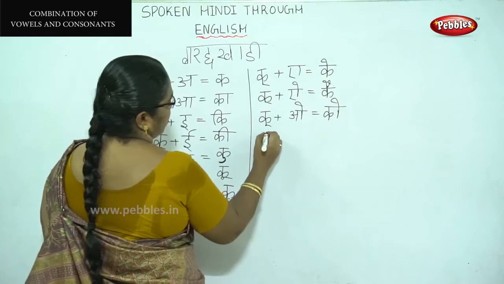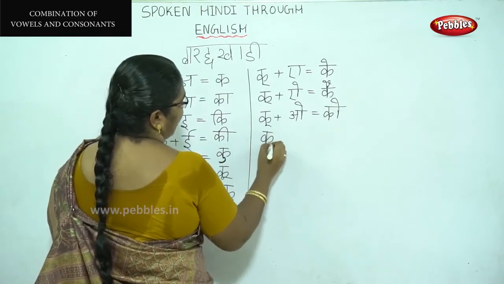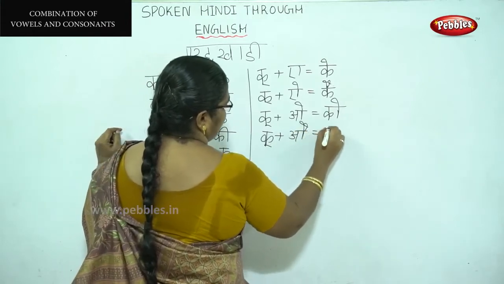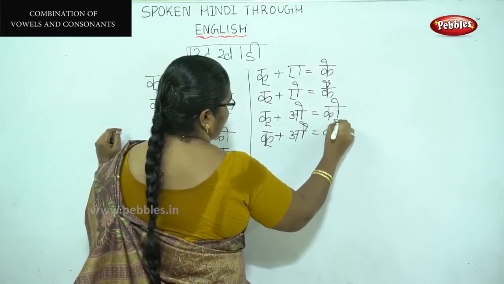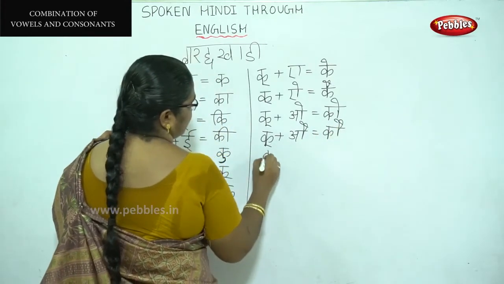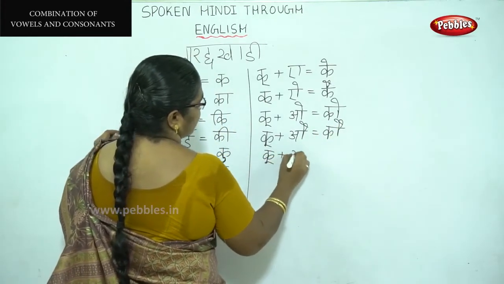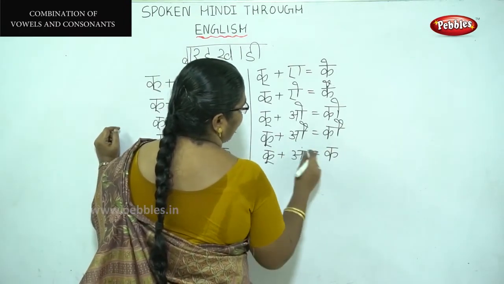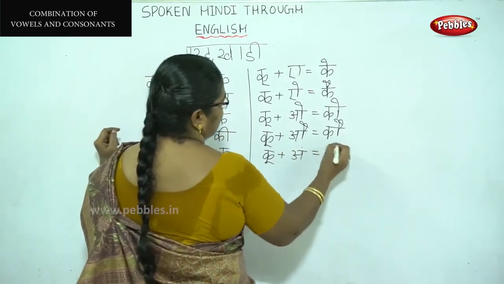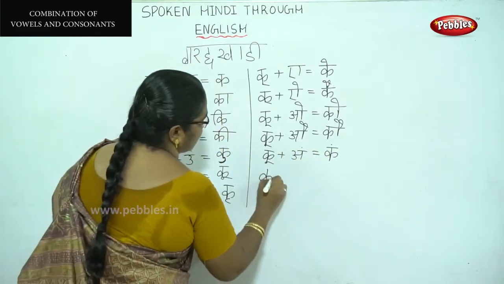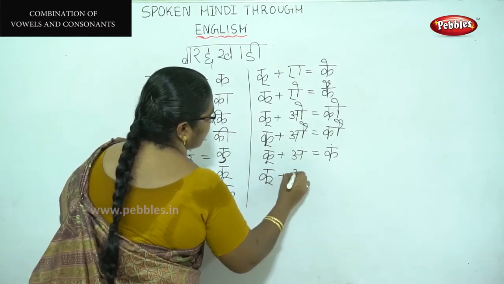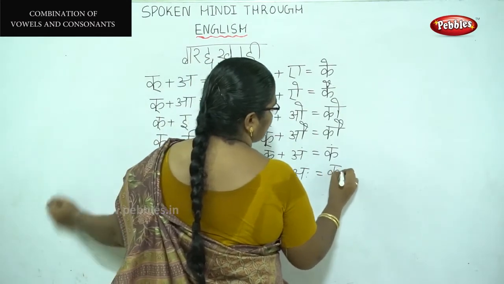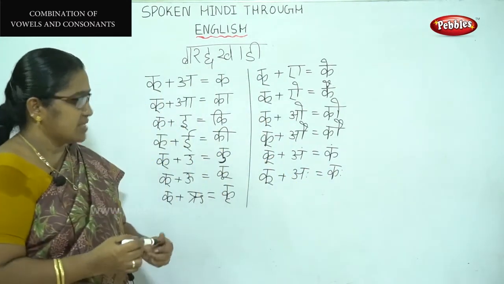Then ik plus au, kau. Ik plus am, kam. This is kah.